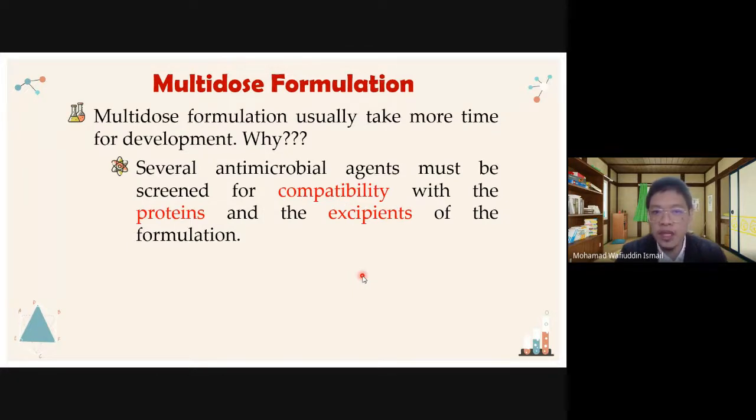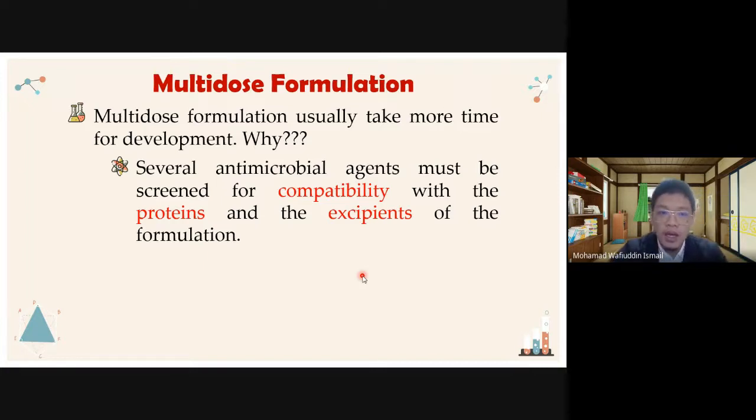And then multi-dose formulation, meaning there are a number of proteins within our system. Say we have protein A and protein B in our formulation; that's what we call a multi-dose formulation. Multi-dose formulation usually takes more time for development. Why?